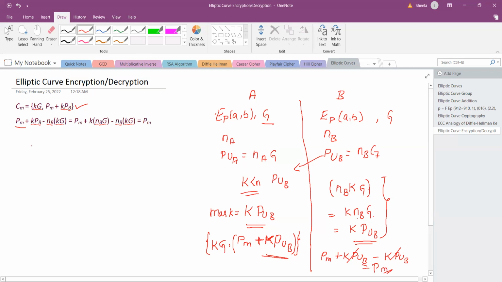That is, the ciphertext CM is a pair of points. The first is the clue generated by the sender, and then the plain message is masked using the public key of the receiver. So this is the mask and this is the plain text.